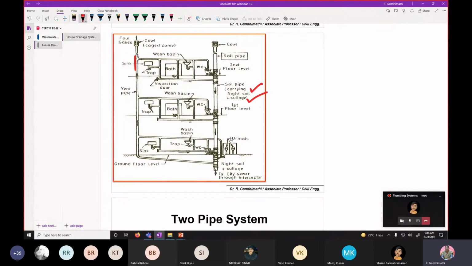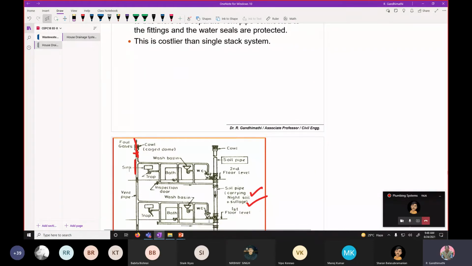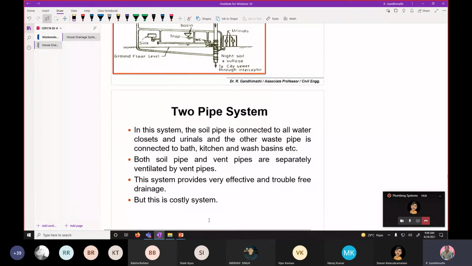The main purpose is that it allows air and helps in breaking the siphonic action, mainly to protect the water seal. This is called the one pipe system. One pipe means you have a soil pipe plus one more pipe called the vent pipe to protect the water seal. And then the two pipe system.